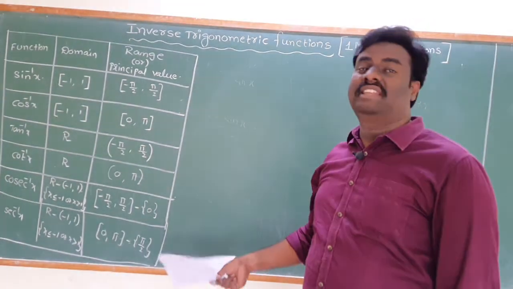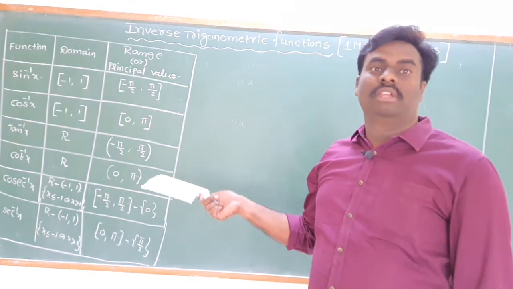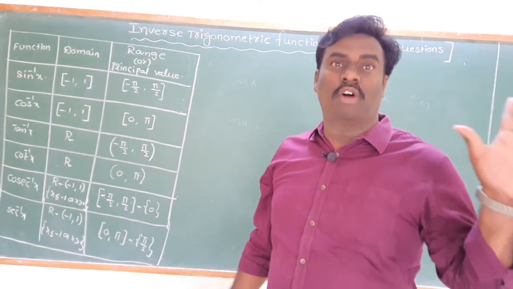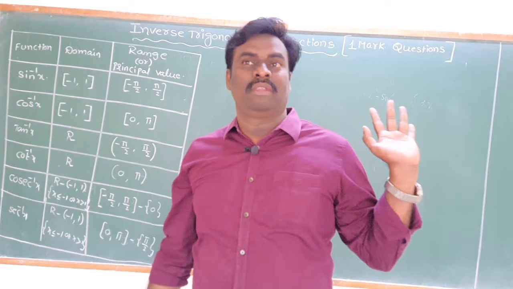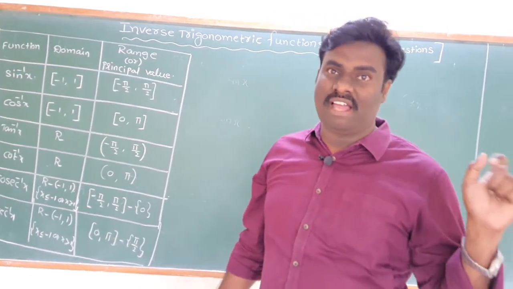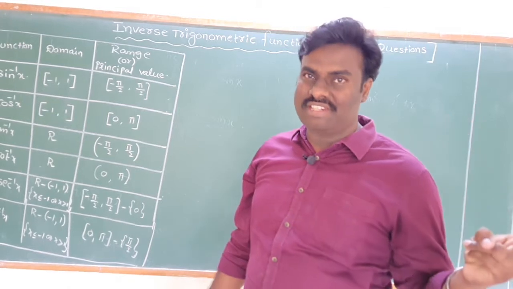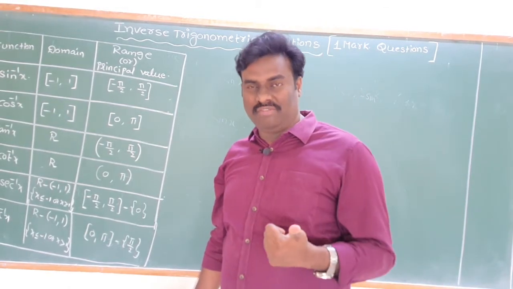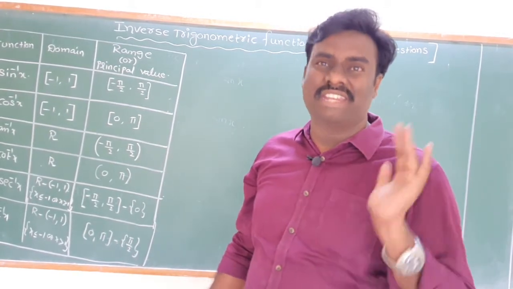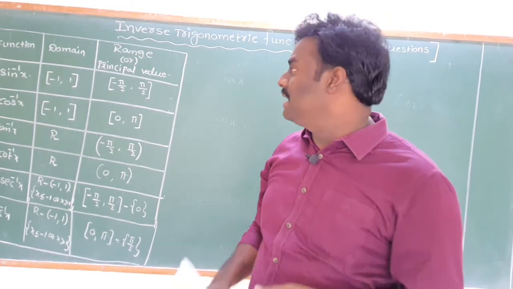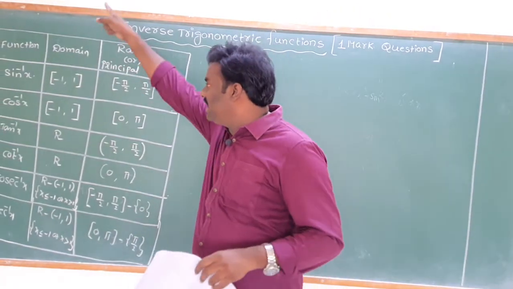If you perfect this table, it contains 12 one mark questions, because in the exam they will ask the domain of sin inverse, cos inverse, tan inverse, cot inverse, cosecant inverse, secant inverse, 6 questions. Similarly, the range of the same again.